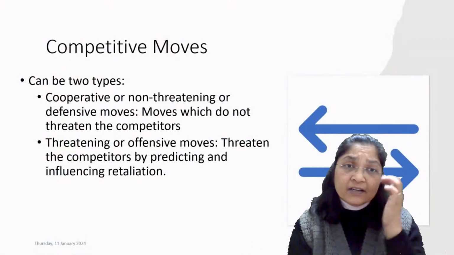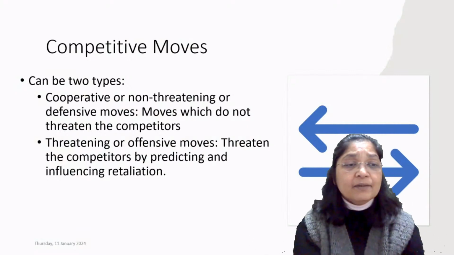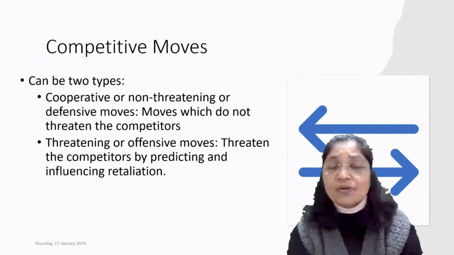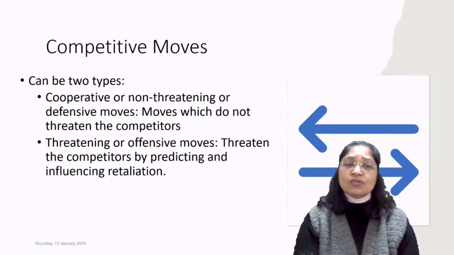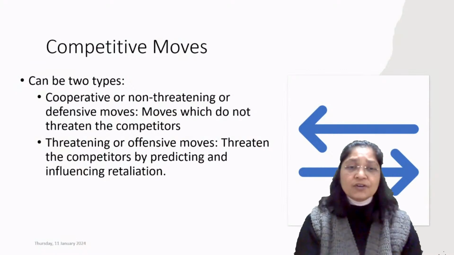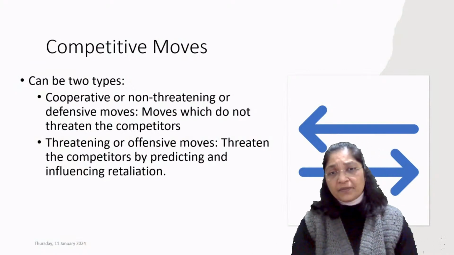Now, what could be the competitive moves that an organization can undertake? There can be two types of competitive moves. One is cooperative or non-threatening or defensive, wherein, as the name shows, our strategic moves, the moves of the organization, do not threaten the existence of the other competitors.